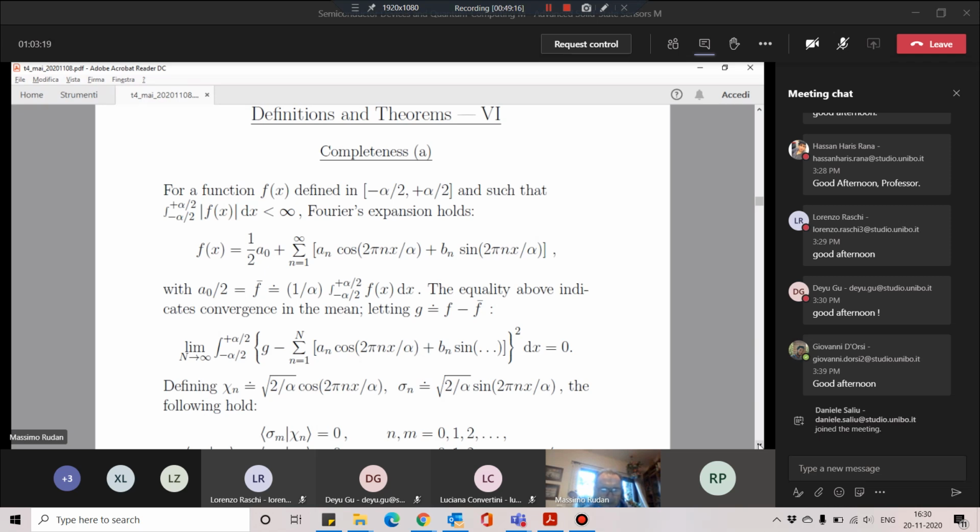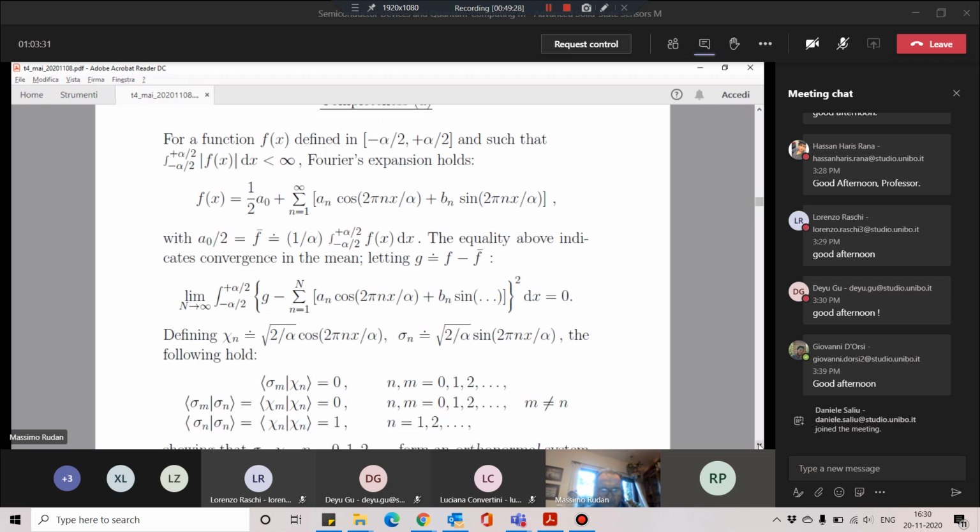So these two sets of functions, chi and sigma, constitute two sets of mutually orthogonal functions, but there is more. Each sigma is also orthogonal to each other sigma with a different index, and each chi is also orthogonal with each other chi of a different index. So all these functions, no matter how we choose them, are mutually orthogonal.